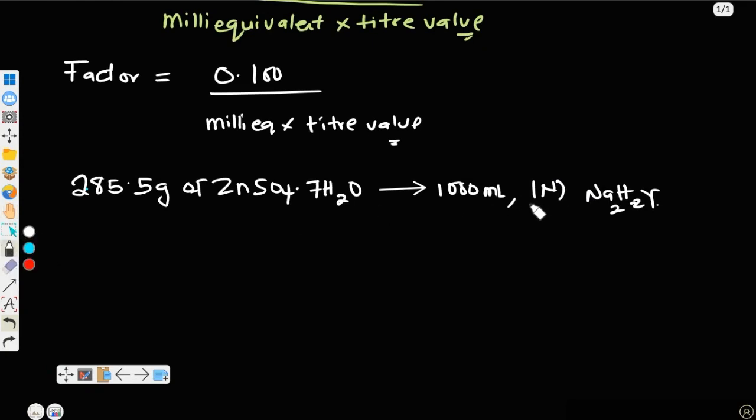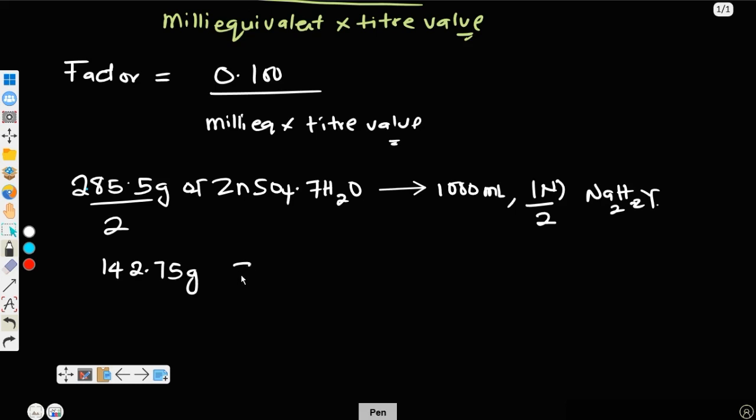To get 0.05, what do we do? First of all, we divide by 2 here. If you divide by 2, that will give us 285.5 divided by 2, which is 142.75 gram.